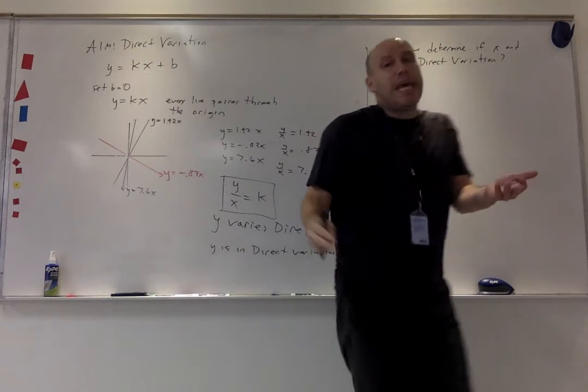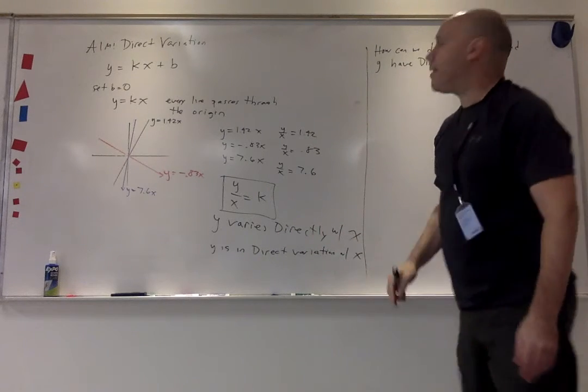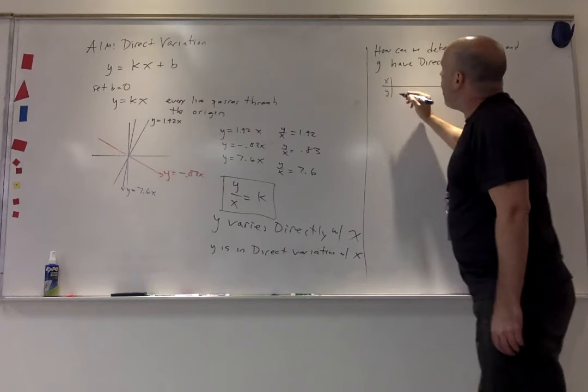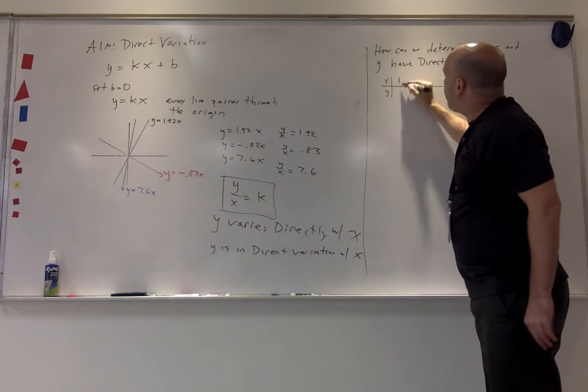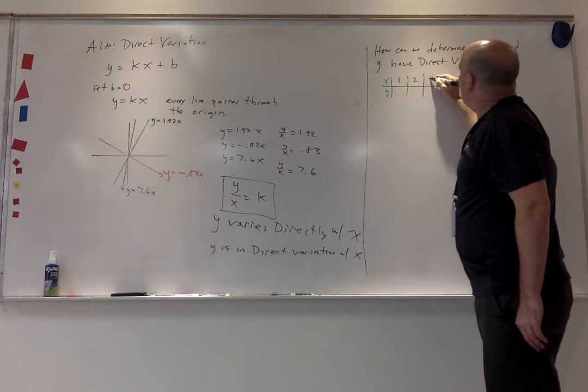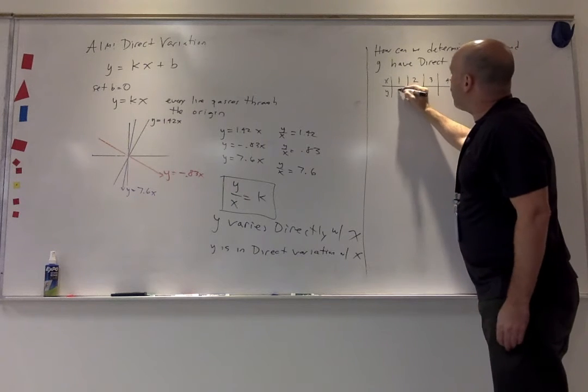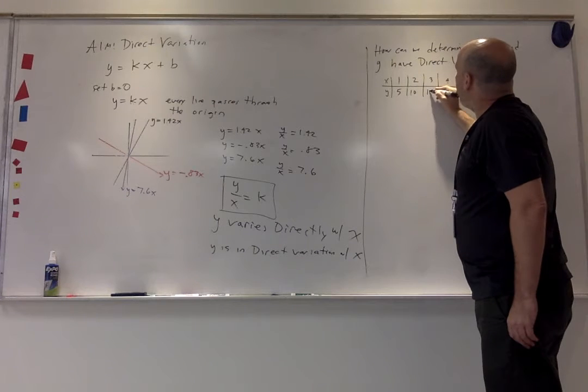Well, you'd be given a table of values. In the homework, you'd be given a table of values. So you get an x and a y, and maybe something simple. The x values are 1, 2, 3, 4, and the y values are 5, 10, 15, and 20.